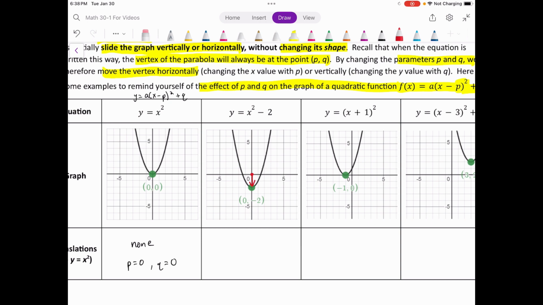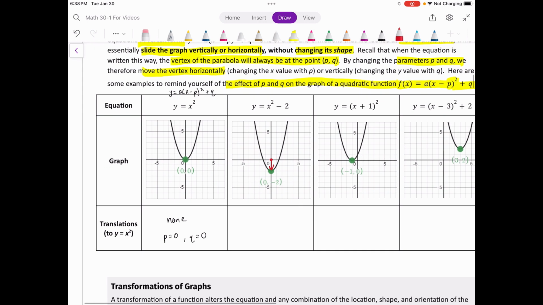It doesn't need to be the vertex, but the vertex is a nice, easy one to see, okay? So a vertical translation 2 units down, right? Our p here is 0. P equals 0, and q equals negative 2.